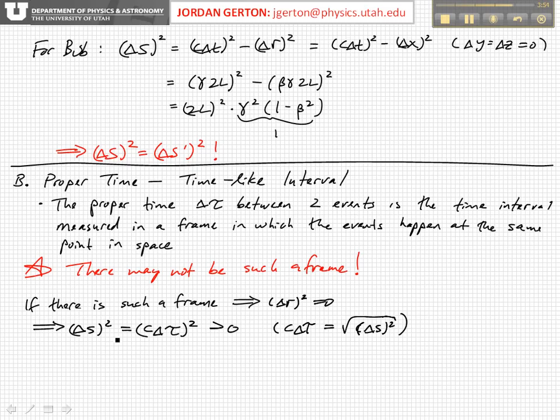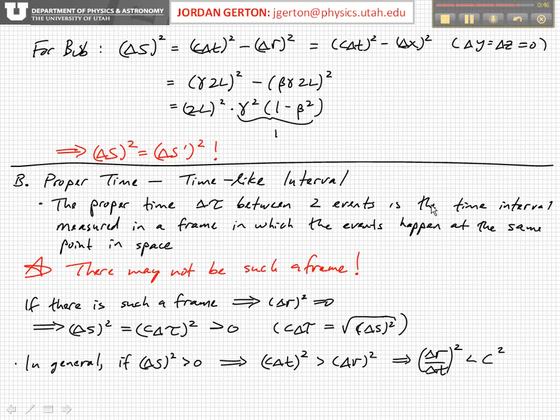And since the interval is invariant between two different frames, even without figuring out exactly what the velocity of that boosted frame is, you can still calculate the proper time because you just take the square root of the invariant interval.